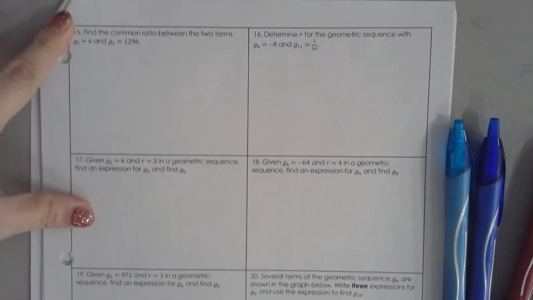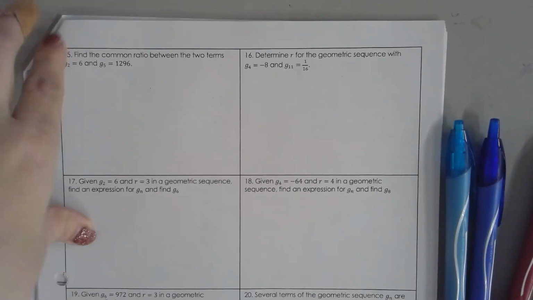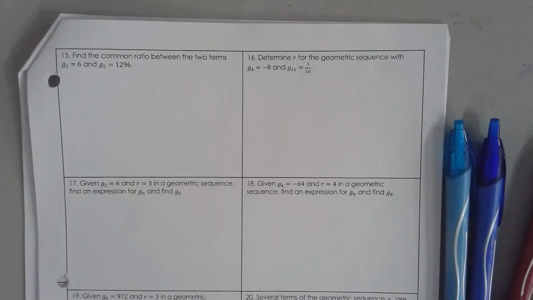All right, find the common ratio between the two terms. From one term to the next, we're multiplying.